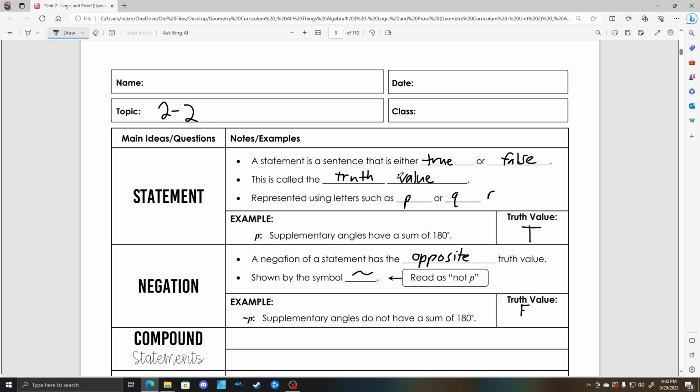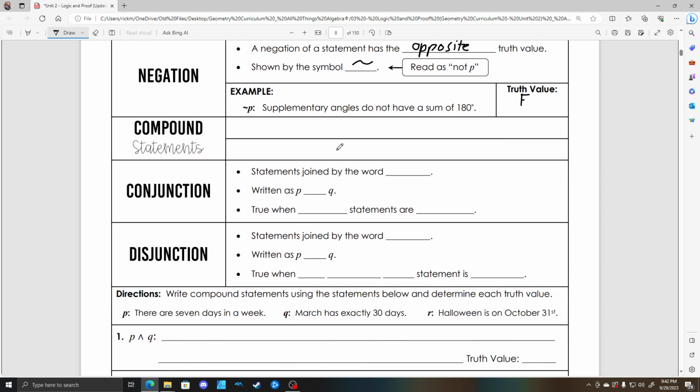All right, so let's go ahead and go down here a little bit. So compound statements, if we had P and Q and things like that as individual statements, then a compound statement's combining these.